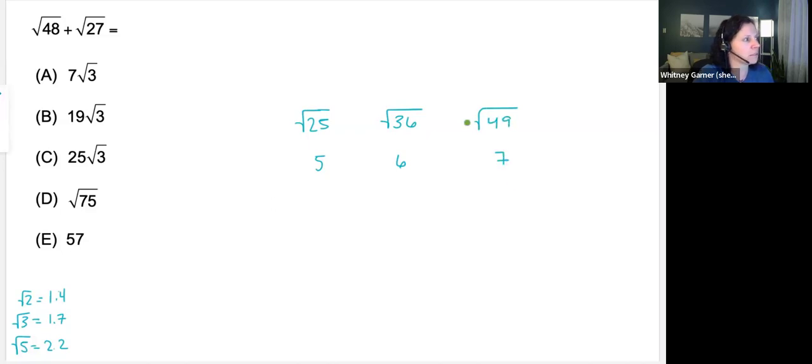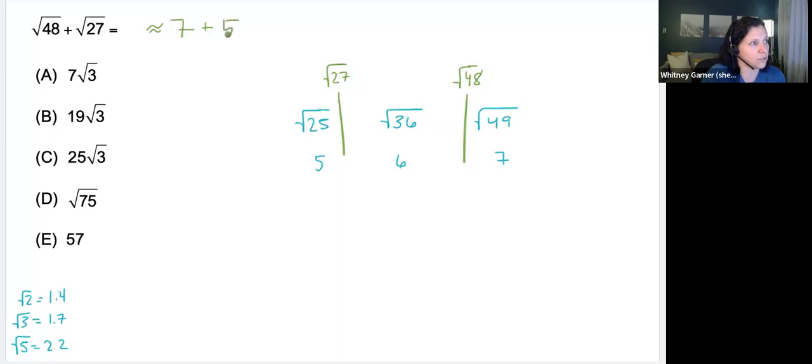So that means the square root of 48 is going to sit in here, and the square root of 27 is going to sit in here. The square root of 48 is pretty close to 7, and the square root of 27 is pretty close to 5.